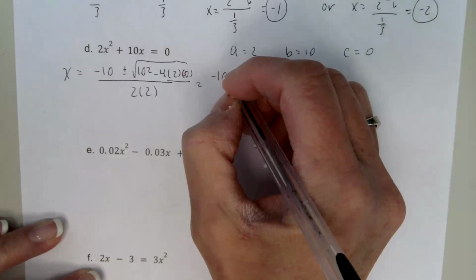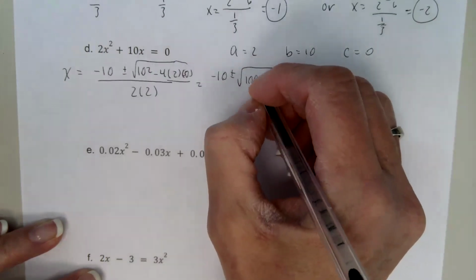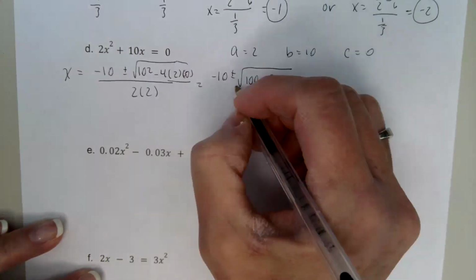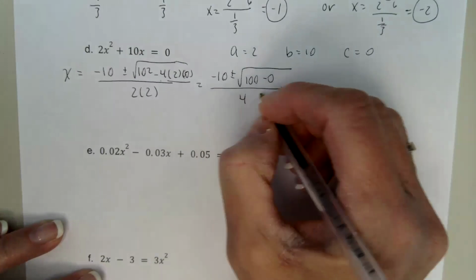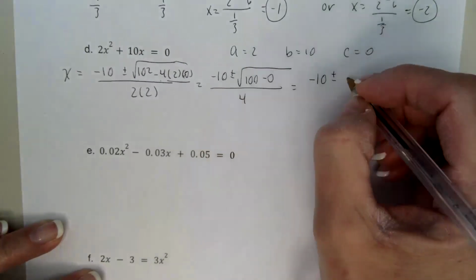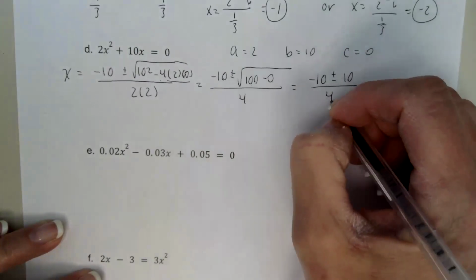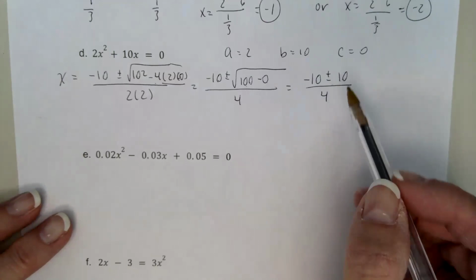So a negative 10 plus or minus the square root of 10 squared is 100 minus 0, because 4 times 2 times 0 is 0, over 4. So a negative 10 plus or minus the square root of 100 is 10 over 4. So now I have to do it with both the plus and the minus.